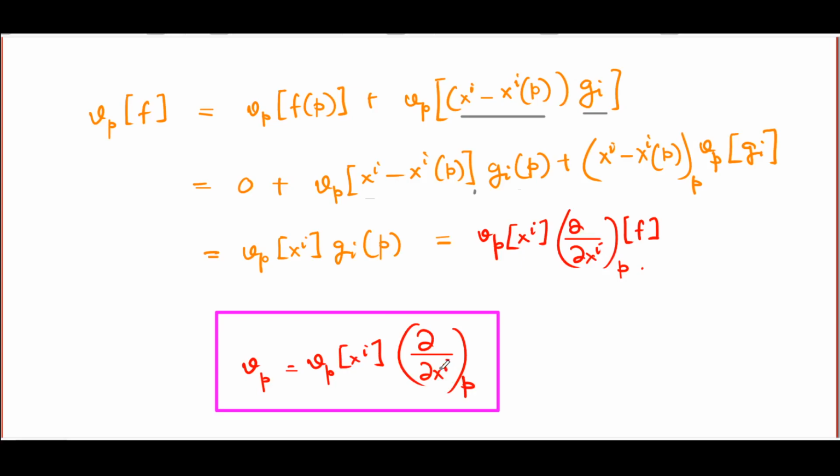In other words, you have the del xi at p, you can linearly combine them to form any tangent vector Vp you want. So every tangent vector which is at the point p can be written down as a linear combination of del xi at p. So the del xi at p form a spanning set. We had already proven in the last class that they are independent, and therefore del xi at p form a basis.